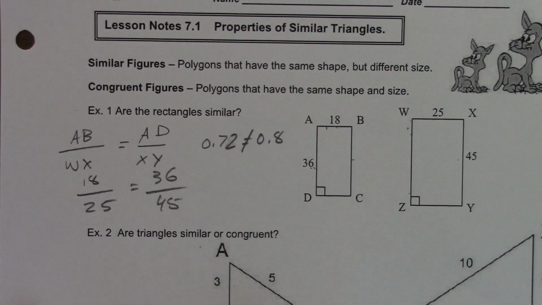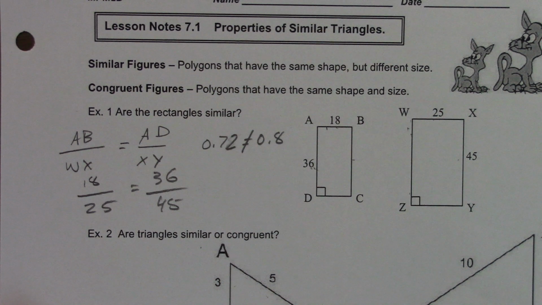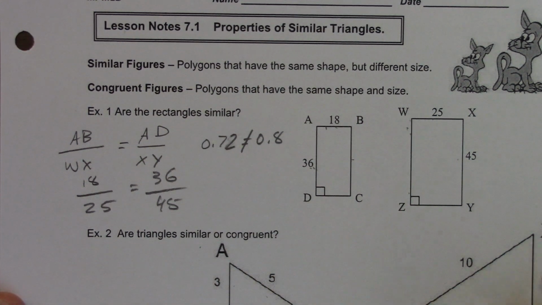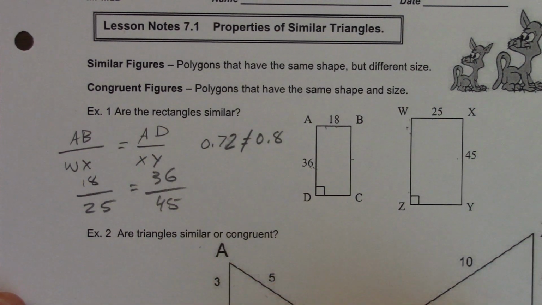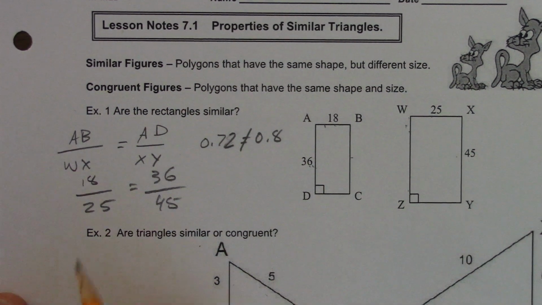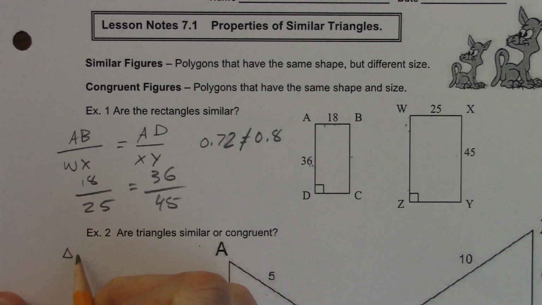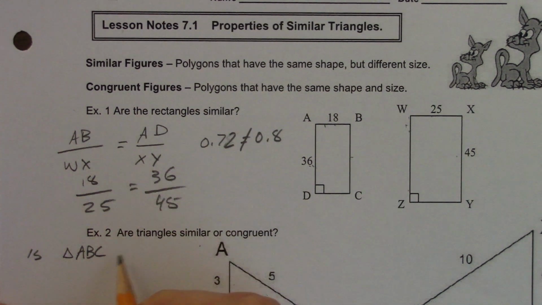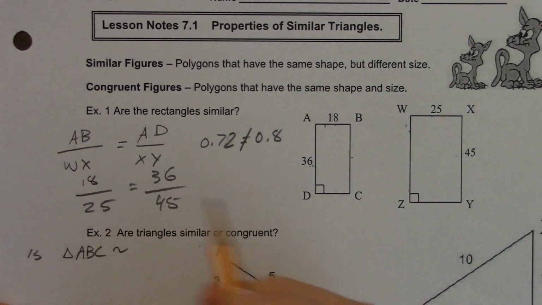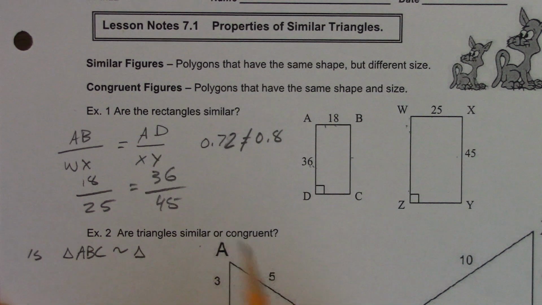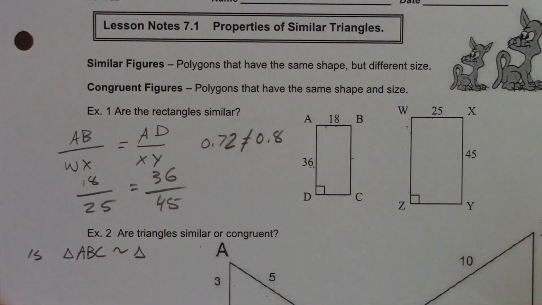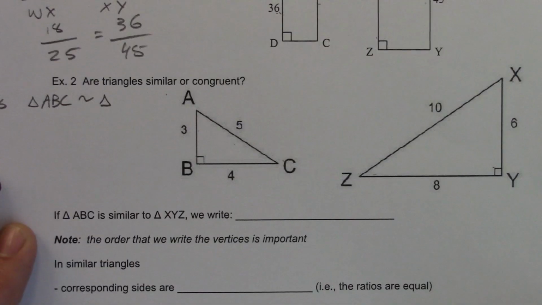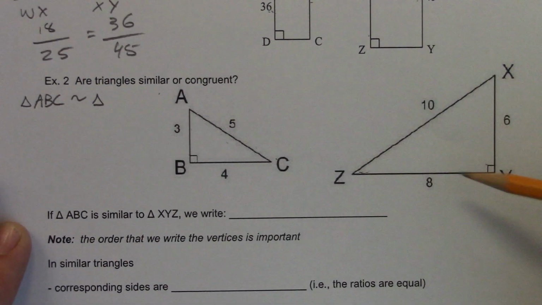So we're looking at these two triangles now. It's important the order in which you write these vertices, these letters, okay? If I write triangle ABC, is triangle ABC similar to triangle, now I can't write ZYX, because it won't be if I write my vertices wrong.